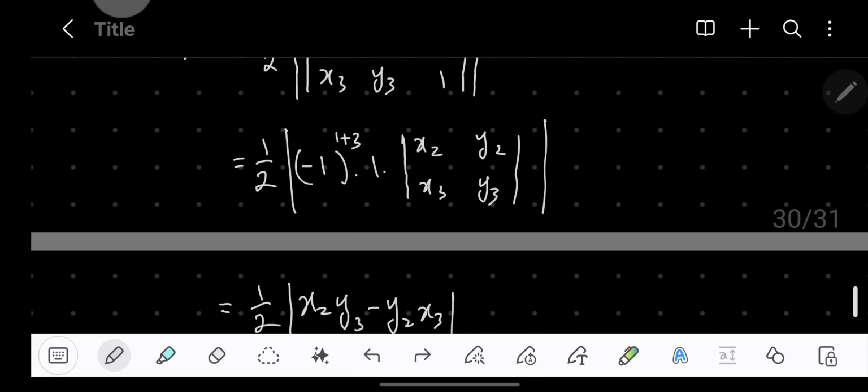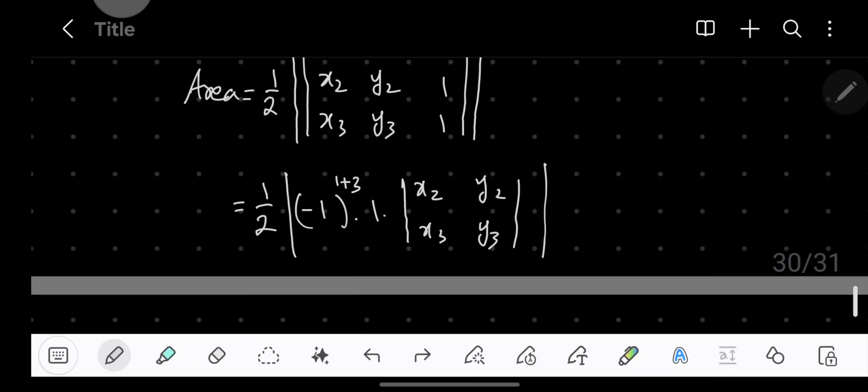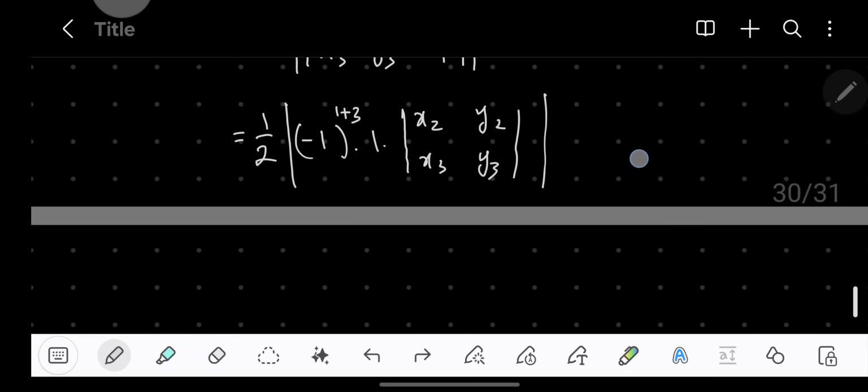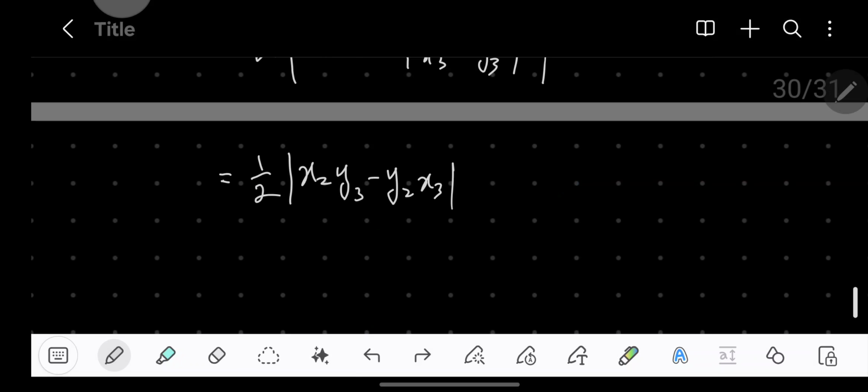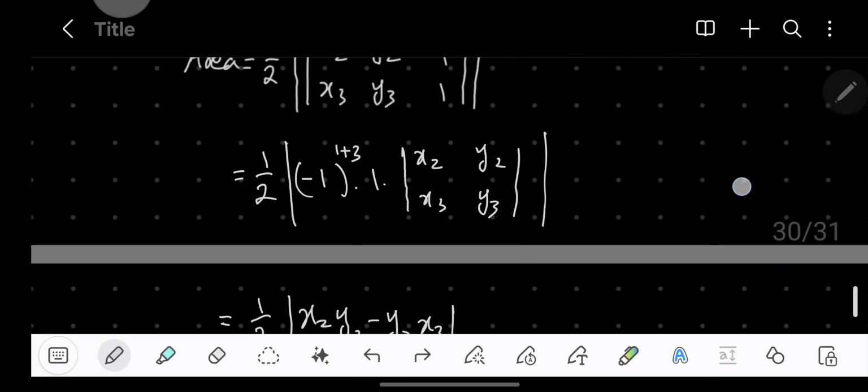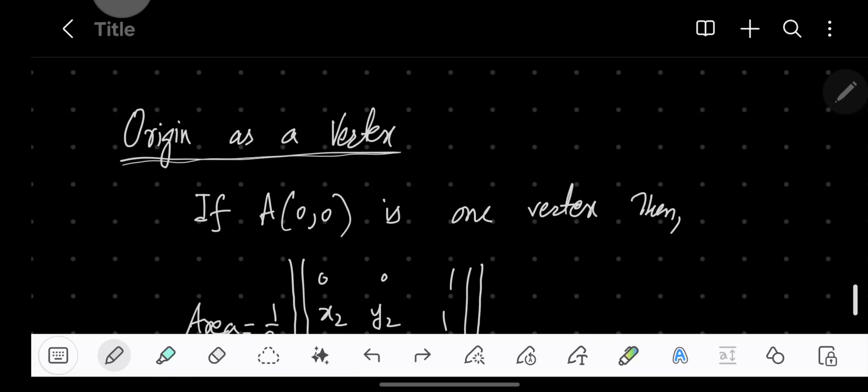So if I solve this inside, I will get x2 y3 minus y2 x3, whole absolute, times 1 half. So this is the formula for the area of the triangle whose one vertex is at the origin.